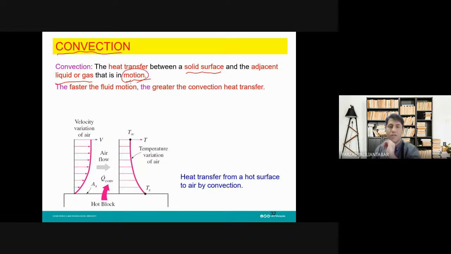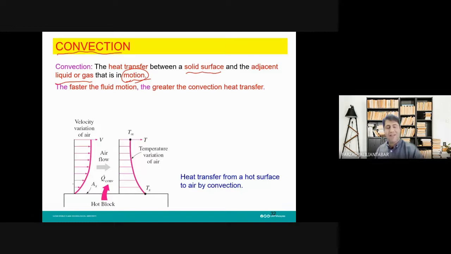This word is important. For example, if we have a bottle or a can inside water, but the water is not in motion, we have only conduction in the water or even in the can or from the surface of the can. We don't have convection. So convection needs motion of the fluid. Like this example, imagine we have a hot block.